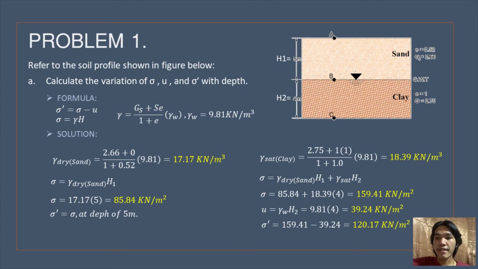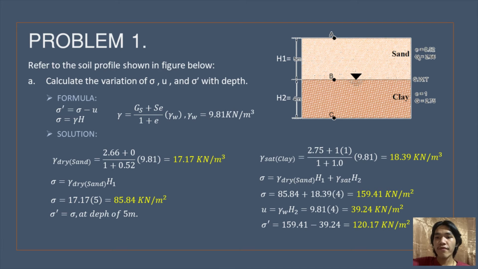That would be 85.84, which was calculated from the previous, plus 18.39 times 4, which is equal to 159.41. So this is now our total stress.